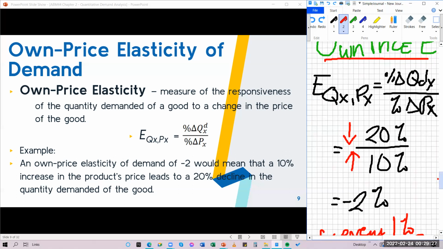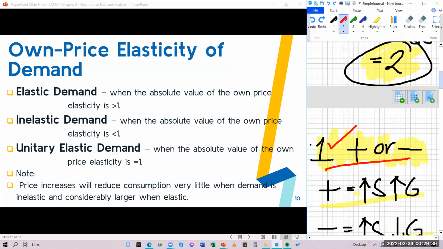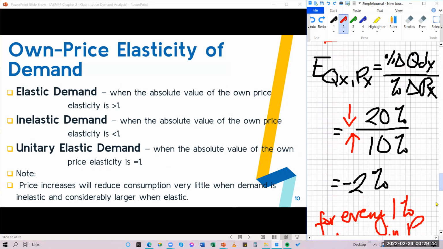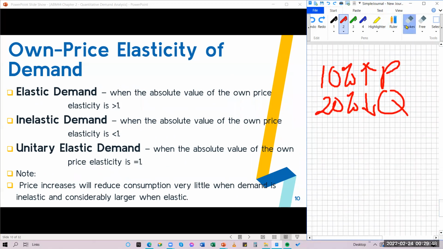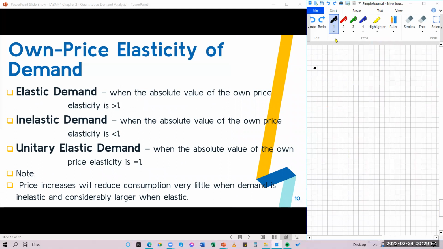Okay, so let's continue. We have at least three types of own price elasticity of demand. So we have elastic demand. Let's put it here. First, we have elastic demand.